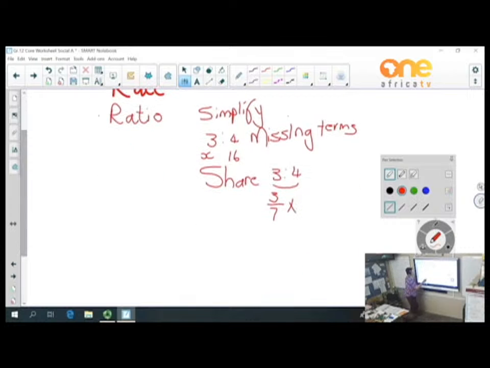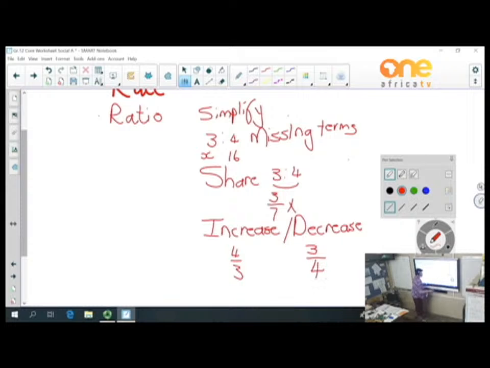And then we can increase or decrease in a certain ratio. What do we do when we increase? The biggest one is at the top. No, you don't add them. You put the biggest one at the top, so then it's 4/3. If you want to decrease, you put the smallest one at the top, and there's an automatic increase or decrease on that one.